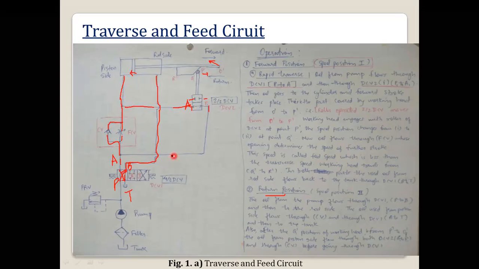It will be collecting here, and from port A it will be going to the tank. So what you can observe is that in the retraction, the oil flows through the flow control valve, through the check valve, and also through this 2x2 direction control valve, so the retraction speed will be much higher in this traverse and feed circuit.